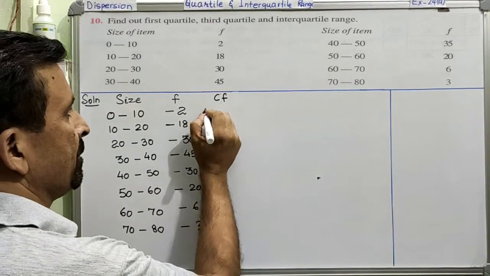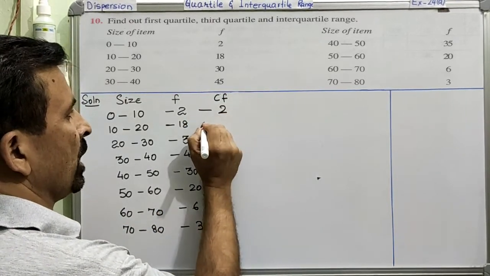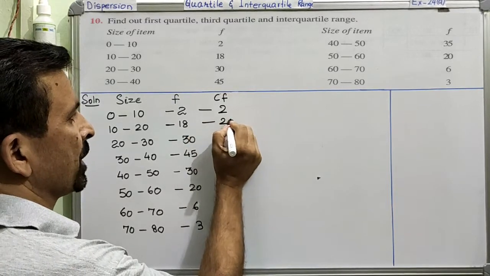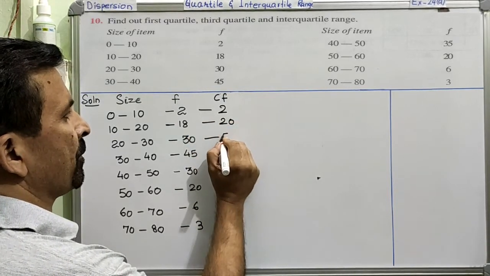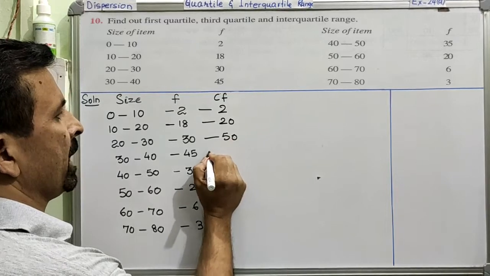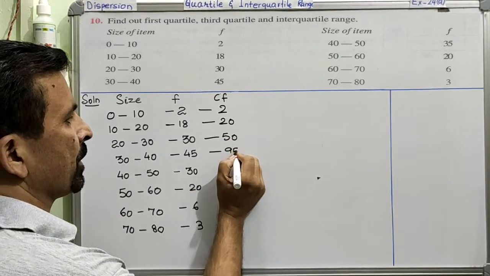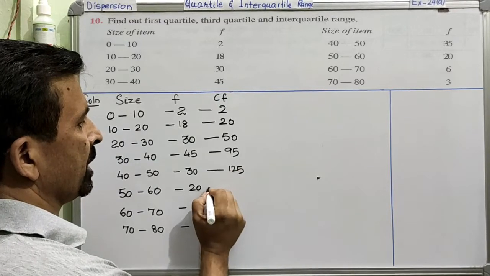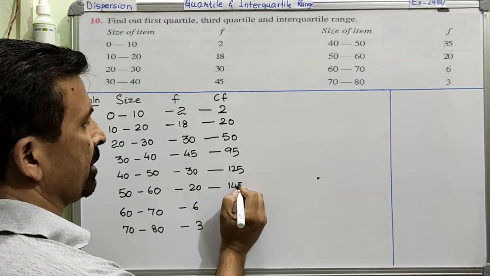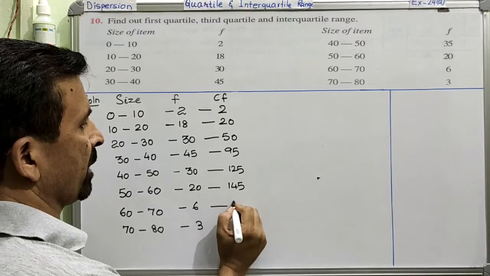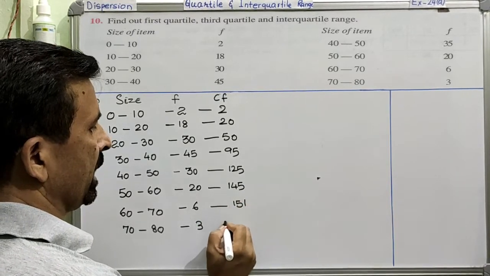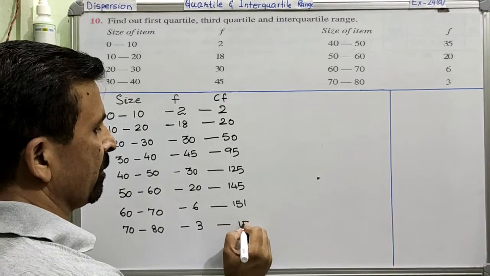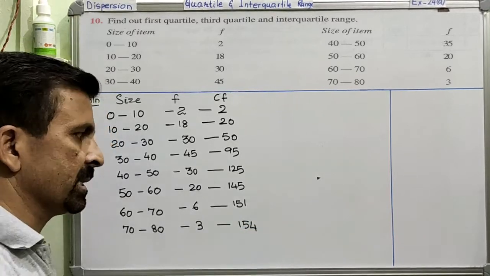The cumulative frequency will be 2, 20, 50, 95, 125, 145, 151, and finally 154. So this is the cumulative frequency.